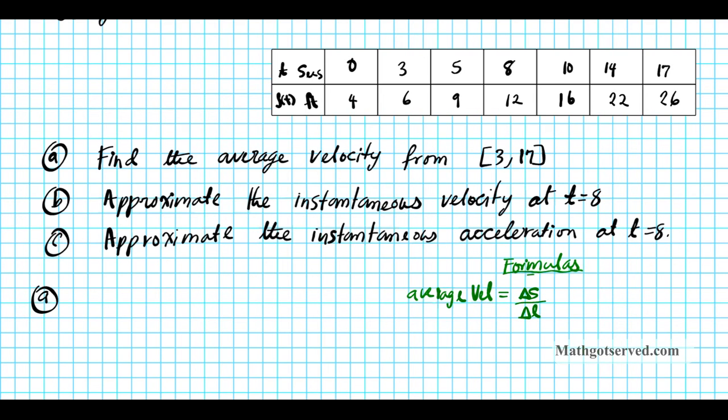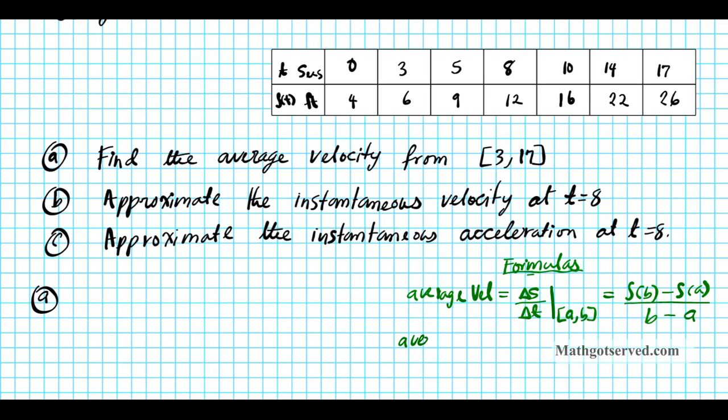So let's say we're looking for the average velocity on an interval AB. It's going to be given by the slope of the secant line through those 2 points, a comma s of a and b comma s of b. Okay, so to find the slope, we're going to do s of b, which is like your y2, minus s of a, which is y1, divided by b, which is x2, minus a, which is x1. Alright, so that's your average velocity.